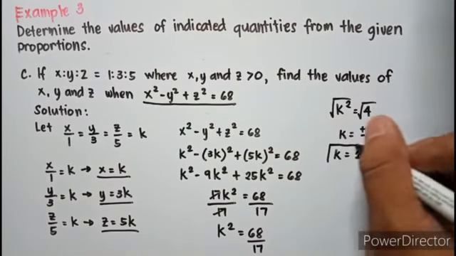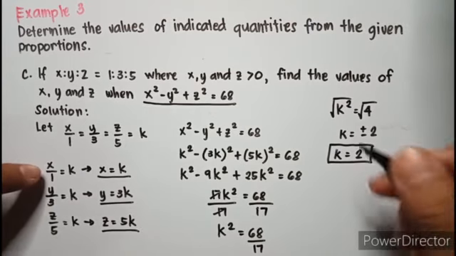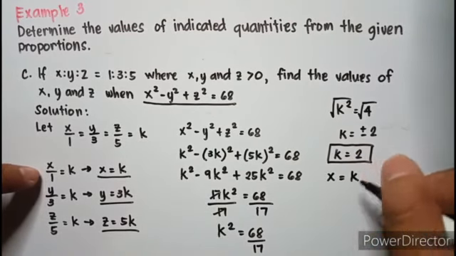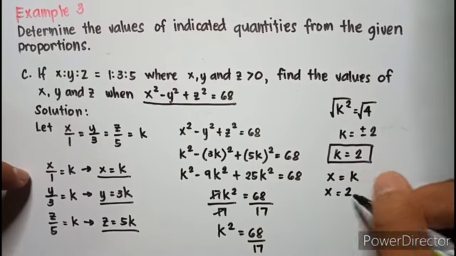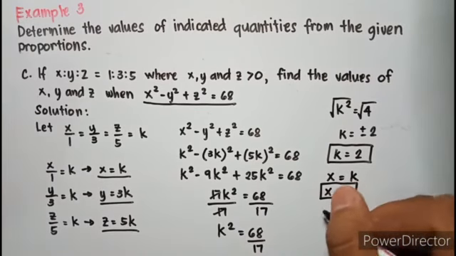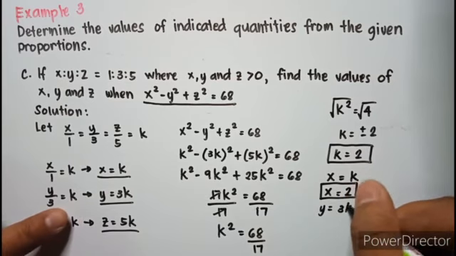So since our k is 2, let us substitute here to our given. To find x, x is equal to k, therefore x is equal to 2. Solving for y, y is equal to 3k.